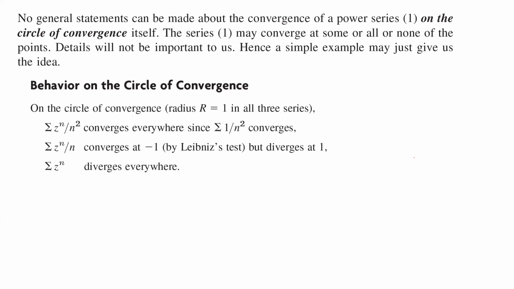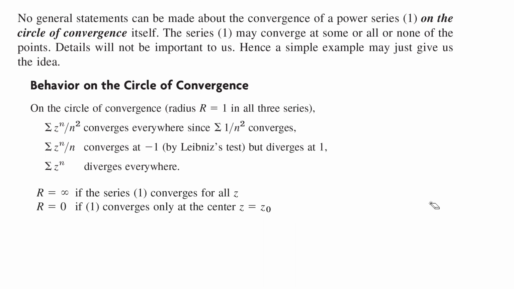So the circle of convergence is still the unit circle, but this is divergent everywhere on the unit circle. This one diverges at some point, converges at some others. This one converges at all points on the unit circle. So that's why we cannot make any general statements about the circle of convergence in general. Okay.